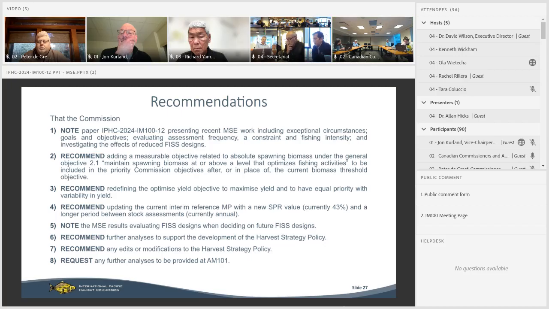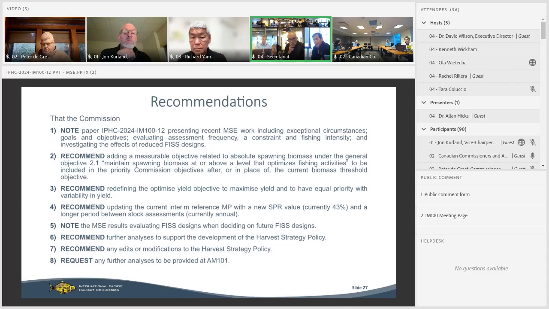Sure, thanks, Commissioner Davis. First of all, objective B in the Commission's priority list is currently, as you noted, stated in terms of relative spawning biomass, maintaining the relative spawning biomass above 36%. As noted on one of the earlier slides, the relative spawning biomass of the stock status is really measuring the effect of fishing, and current stock status is above 36%, even in the most recent stock assessment that Dr. Stewart presented earlier.